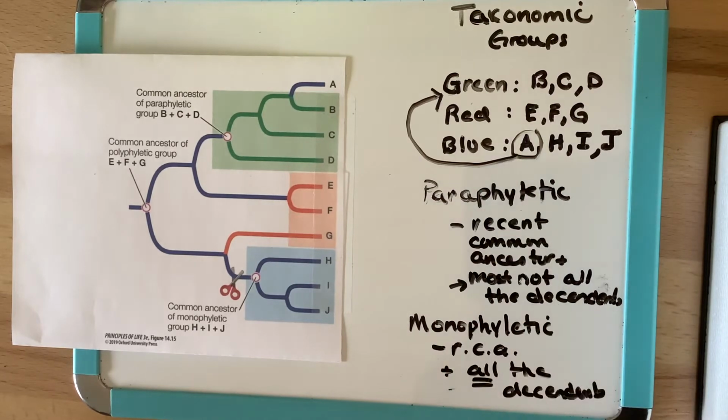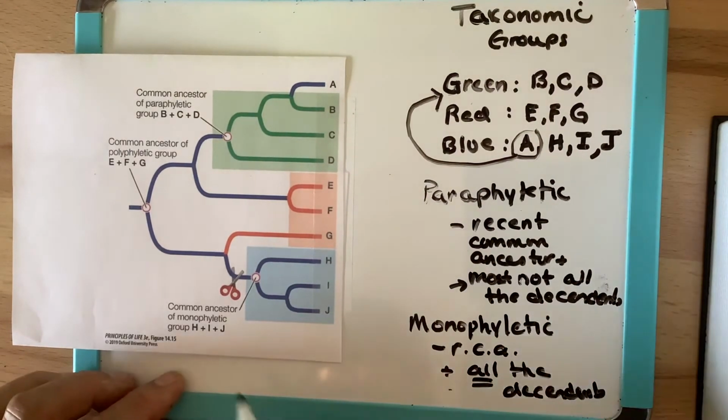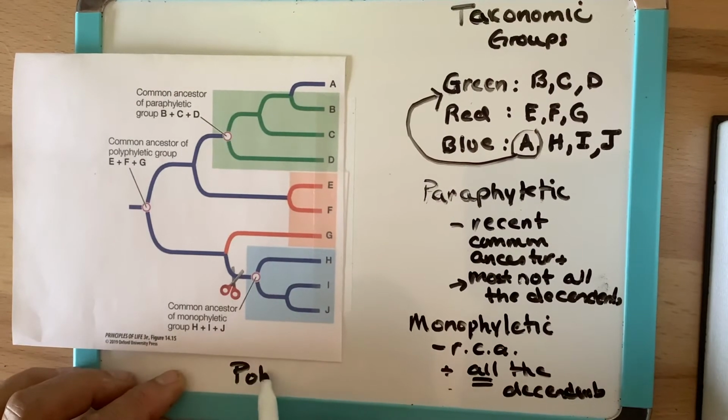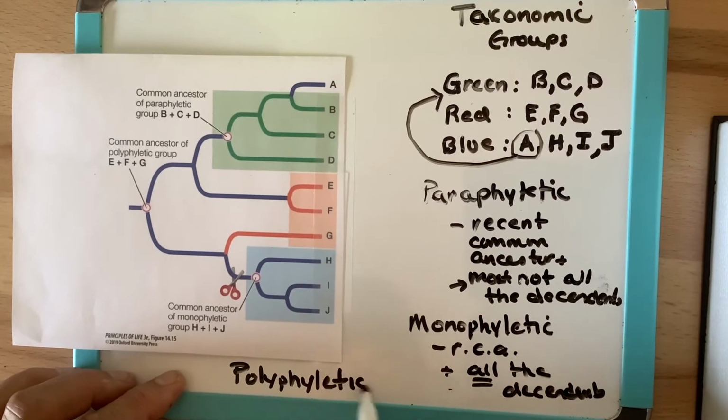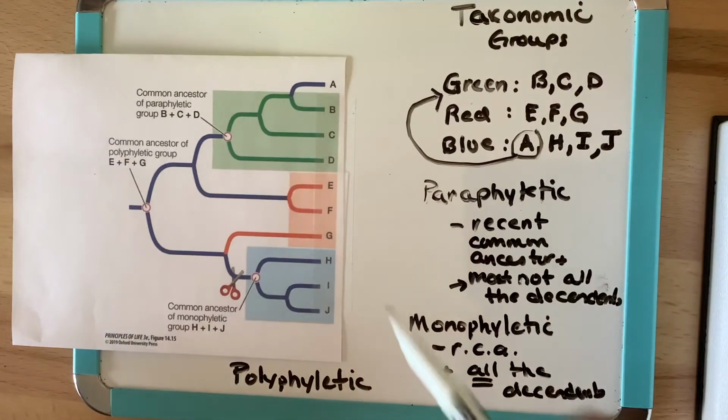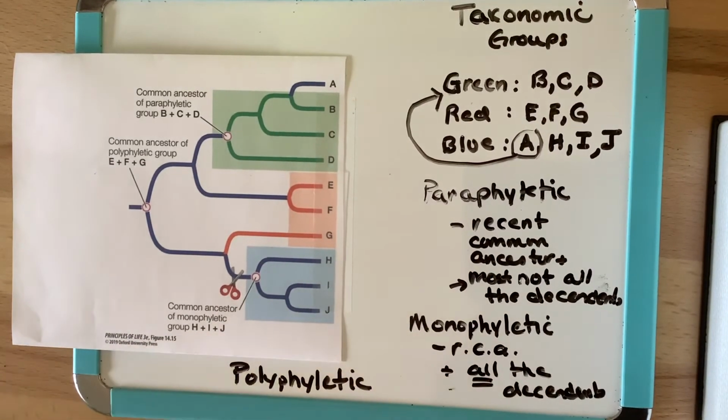What about this red group? That's the third kind of situation that you might have, and that's polyphyletic. Now, I don't have room to write that definition out, but again, what we're looking for is seeing whether or not they share a recent common ancestor.